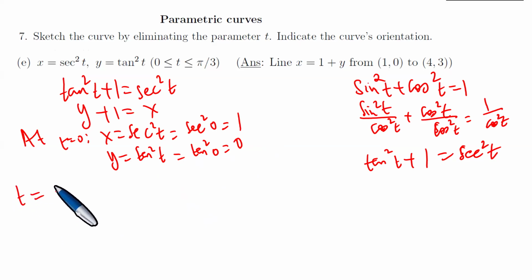And then at pi over 3, you have x equals sec squared t, and y equals tan squared t.